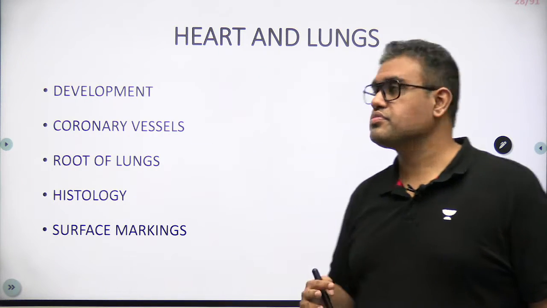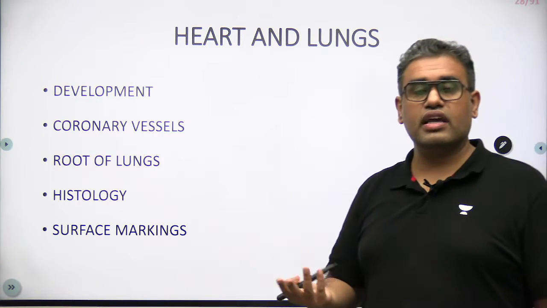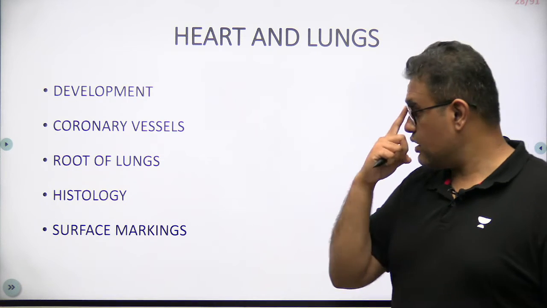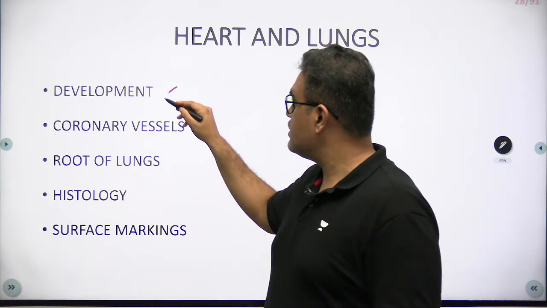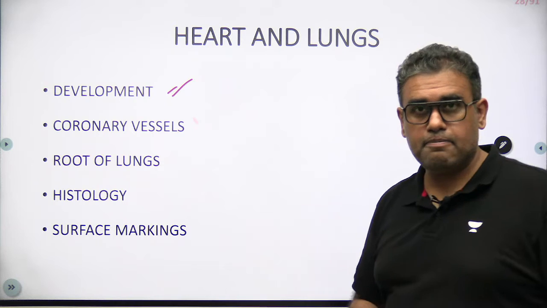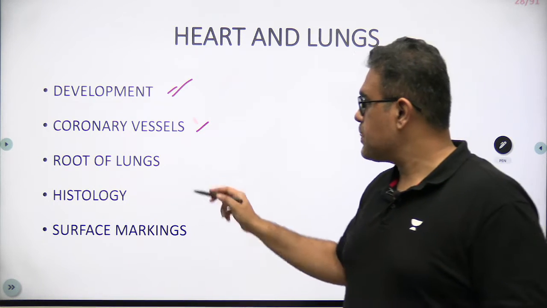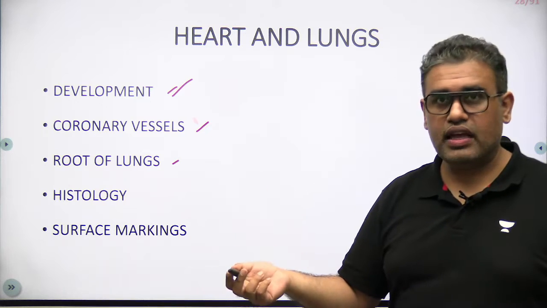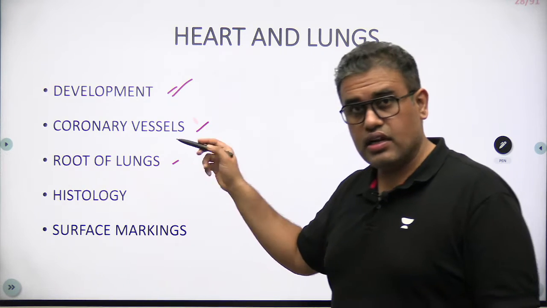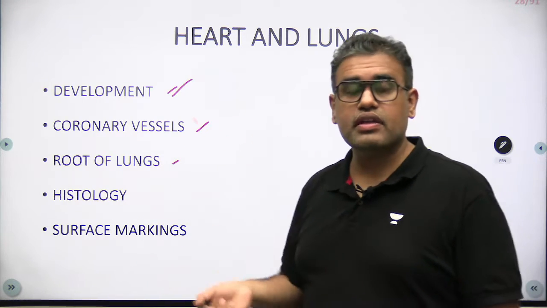Simple as that. Heart and lungs, needless to say, everything in heart and lungs starts from their embryology and development. Starting from the embryology, every part, coronary vessels. Why MI? Root of lungs, commonly asked. Histology again, heart, lungs. Not much in heart, but in lungs it is very much important.